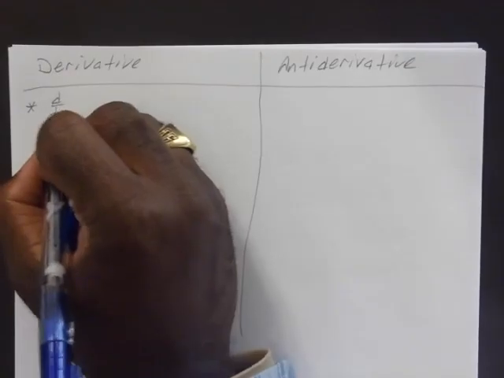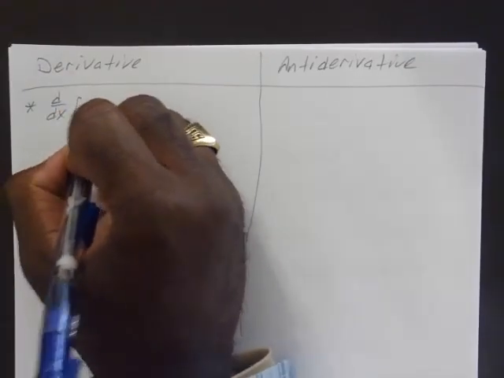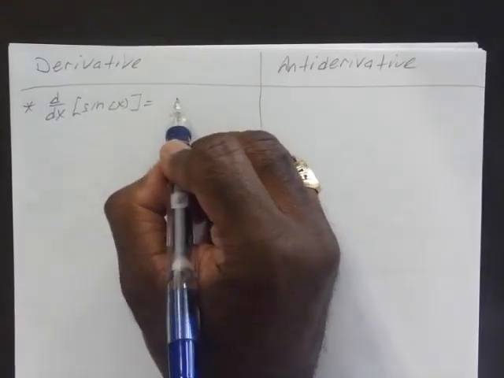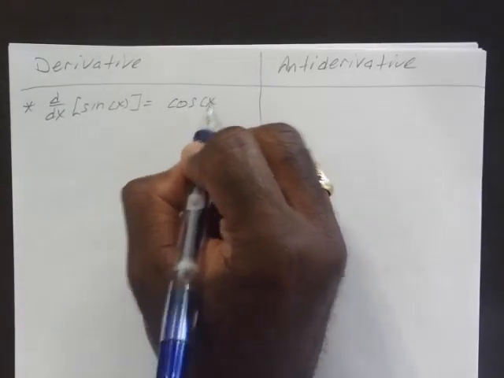So if you have the derivative with respect to x of sine of x, we already know that's cosine of x. We've proven that one.